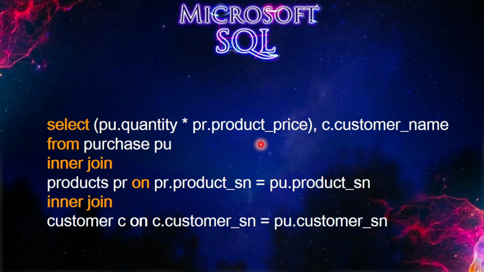It will get me the name of the customer and the total purchase. And the result will be the following: total payment next to customer name. Of course, total payment is a field we invented in order to house the product of the price and the quantity, next to customer name.